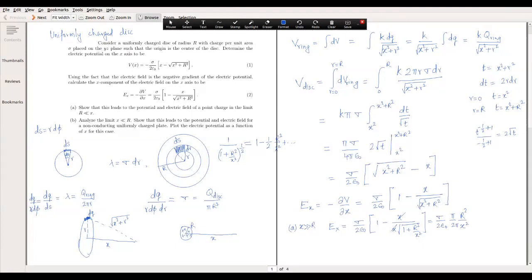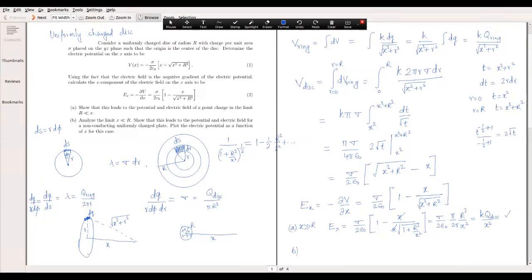Then we see that there is a 4 pi epsilon naught. Sigma times pi r square for a disk is nothing but the total charge on the disk. So that's equal to k times q over x squared, where q is the charge on the disk, which is exactly how it would look if you're very far away. That's the electric field due to a point charge. So that's the correct limit.